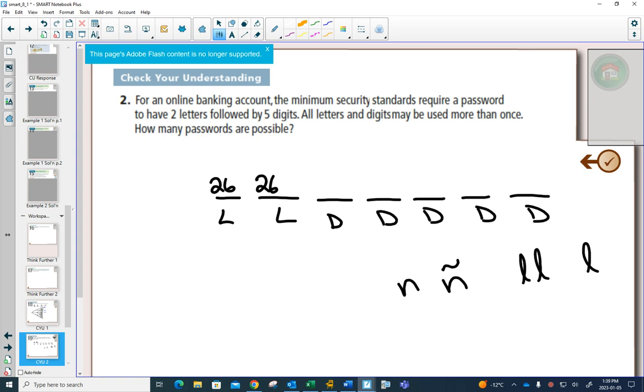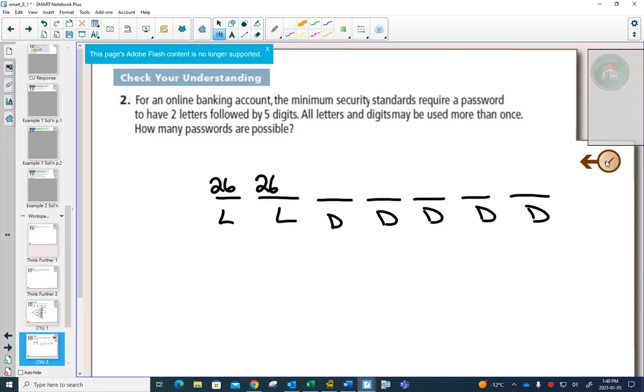Some dictionaries in Spanish have the double L as its own letter, even though it's 2 letters. So 26 letters in the English language. Do you know any languages that use very few letters? The Hawaiian language uses very few letters. So when you hear words in Hawaiian, they just keep on going forever because their words are longer because they don't have as many letters to work with. So they end up with longer words.